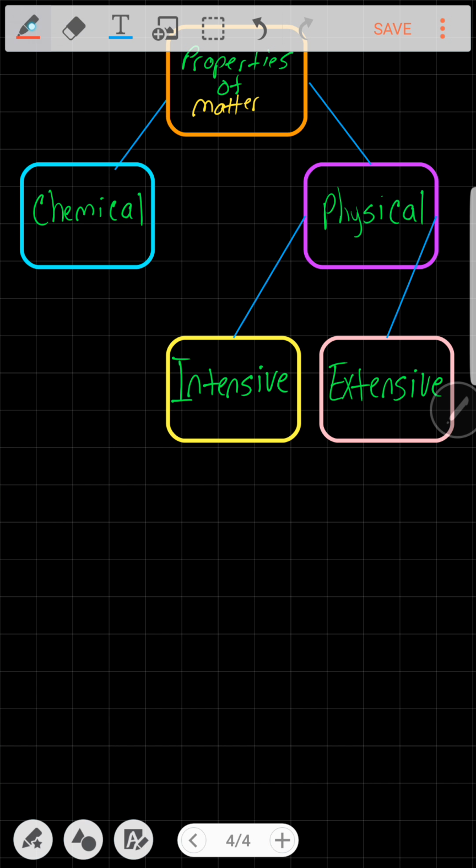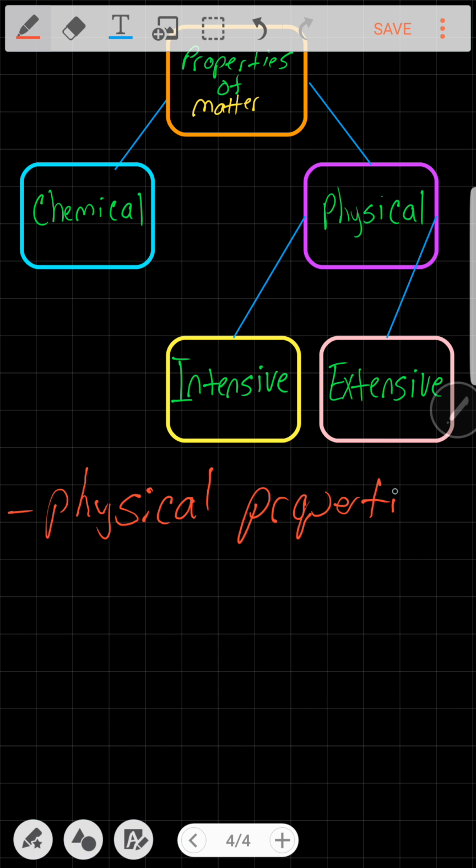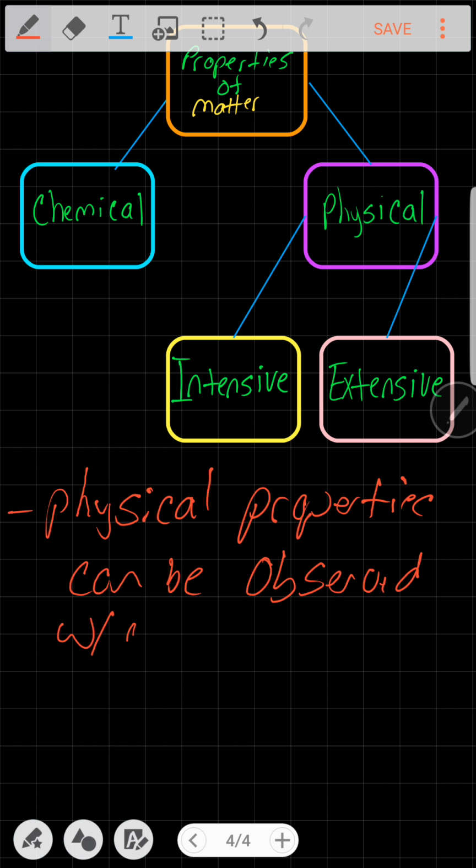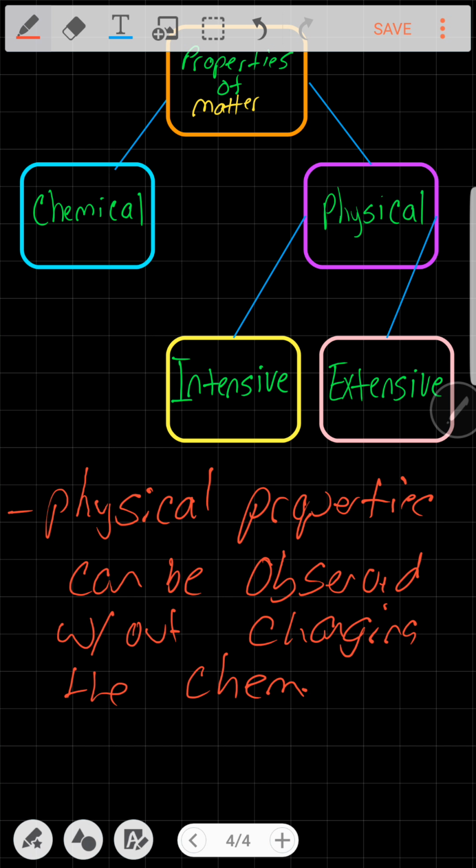A physical property is a property that can be observed without changing the chemical composition. A chemical property is the opposite.